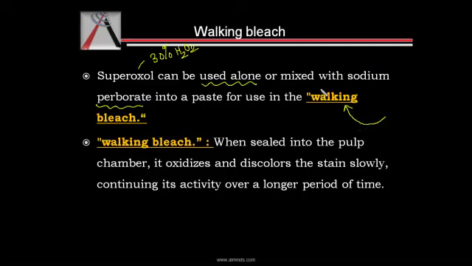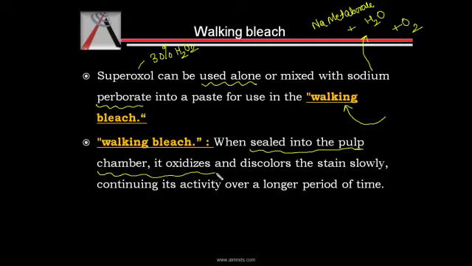walking bleach. Now, when superoxole is mixed with sodium perborate, it decomposes into sodium metaborate plus water plus oxygen. And this walking bleach can be sealed in the pulp chamber. It oxidizes and discolors the stains slowly.